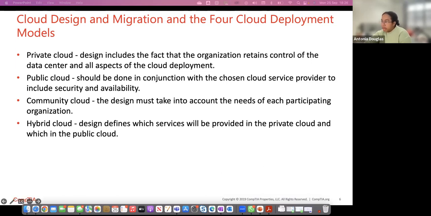And lastly, hybrid cloud. The design of the hybrid cloud solution begins with establishing which services will be provided in the private cloud and which will be provided in the public or community cloud. The design must also take into account the internet connectivity between the private cloud deployment and the public or community portion.